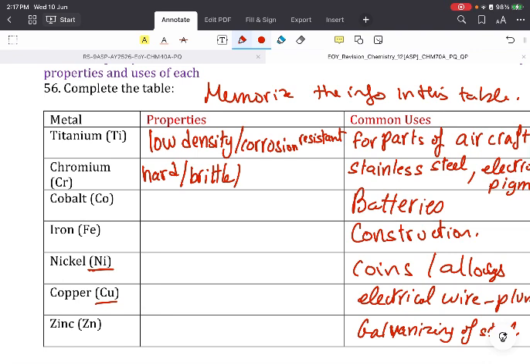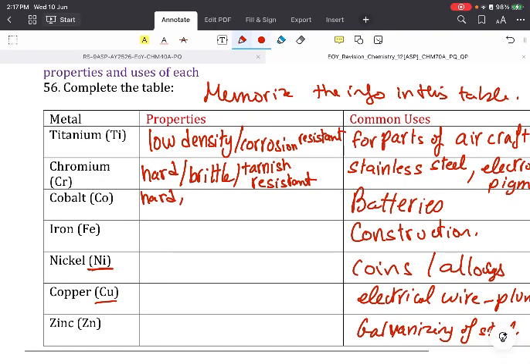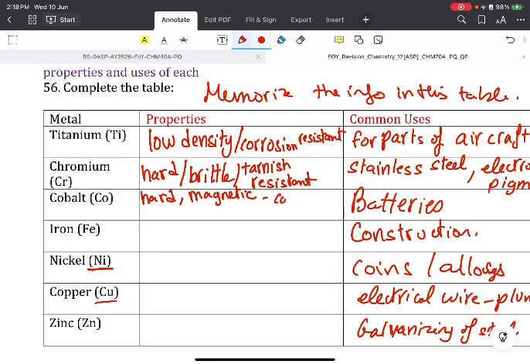It breaks easily, and it's tarnish resistant. Cobalt, again, is hard. It's magnetic. Like nickel and iron, it has magnetic properties. It's corrosion resistant. As you can see, most of them are corrosion resistant, even at high temperature.